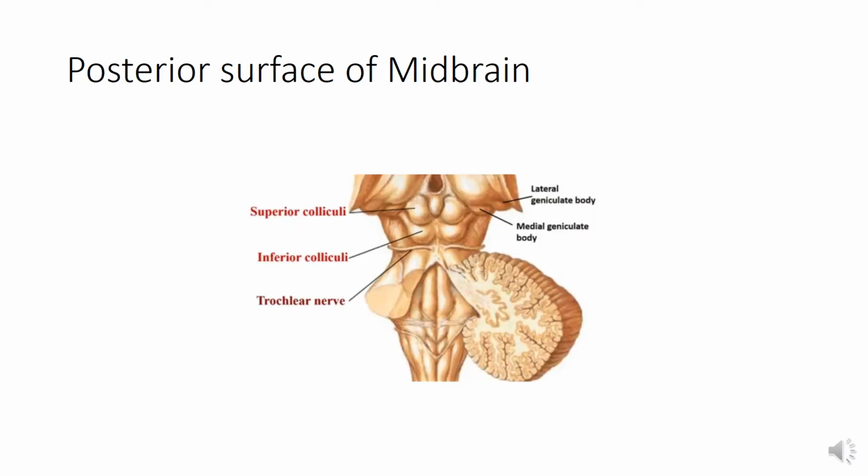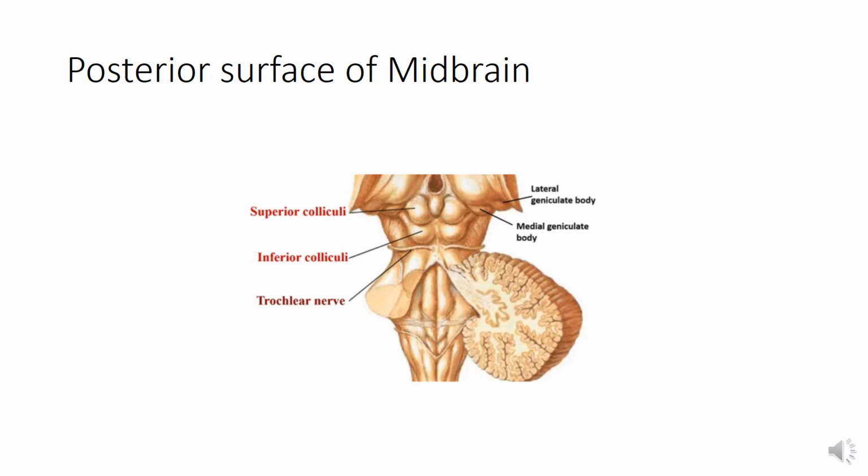Now the posterior surface of the midbrain. On the posterior surface are the four colliculi or corpora quadrigemina. These are rounded eminences that are divided into superior and inferior pairs by a vertical and a transverse groove.